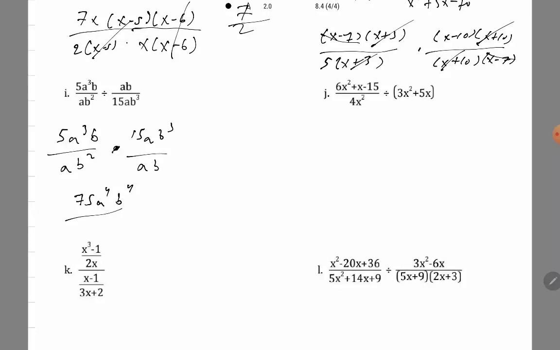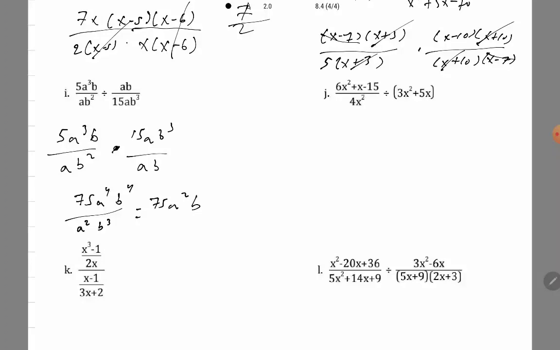That's a b. A squared b cubed. So that's going to equal 75a squared b.